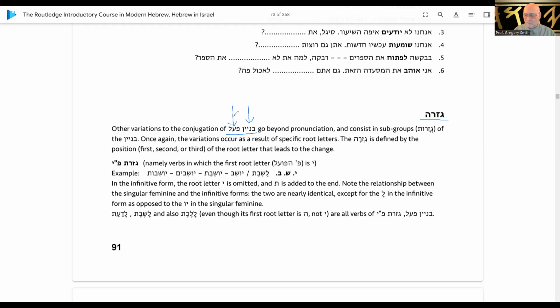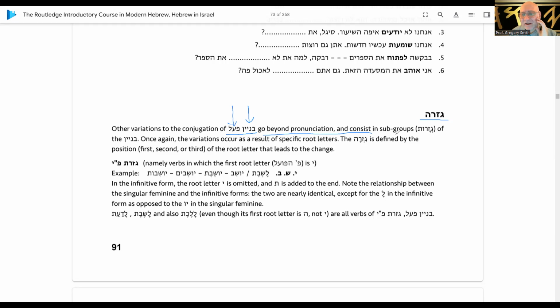In other words, they're either future, past, or present, or it has to do with, let's say, if you're eating, or the group of people are eating. There are all these different variations, these nuances, and that's in the binyan pu'al.